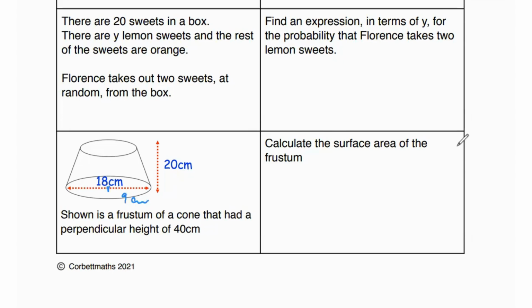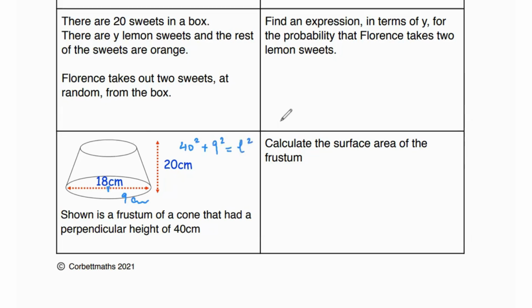So since the entire perpendicular height was given as 40 centimeters, let's find the curve length, because that's what we need to find the curved surface area of this frustum. So for the curve length, we will do 40 squared plus 9 squared equals L squared.